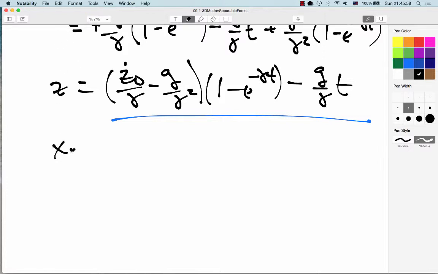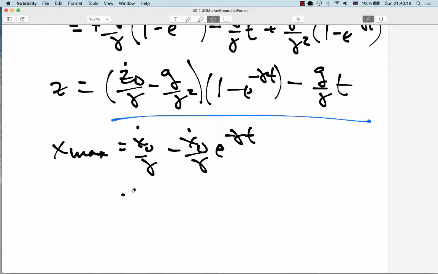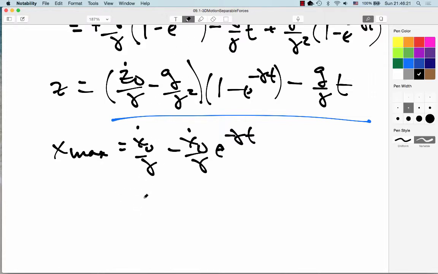So we're going to let our x max equal x naught dot over gamma minus x naught dot over gamma e to the minus gamma t. That's just expanding out the fraction. So we'll rearrange a little bit here. We want to get e to the minus gamma t all by itself, so we'll do that. E to the minus gamma t, we're going to need an x naught dot over gamma for just a second longer.